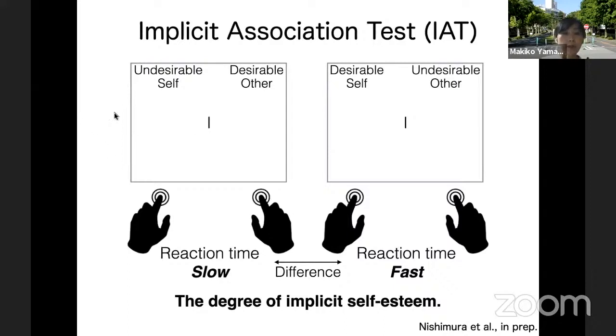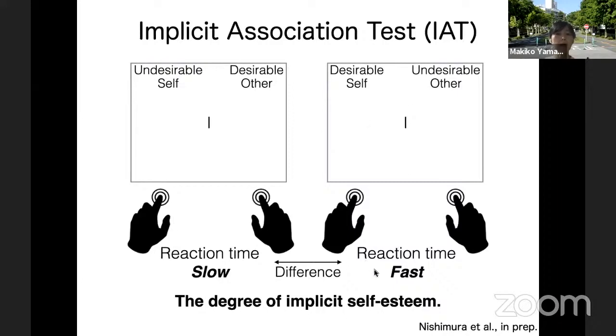In this condition, self and undesirable are on the same side. But in this condition, desirable and self are on the same side. In these two conditions, the word presented in the center is exactly the same and the subjects are doing the same thing, but the reaction time is faster for the condition where desirable and self are on the same side.